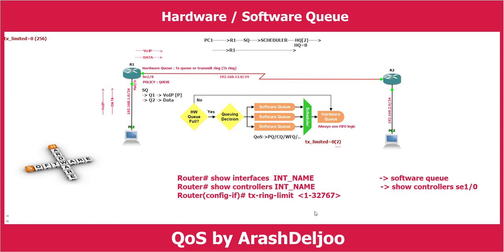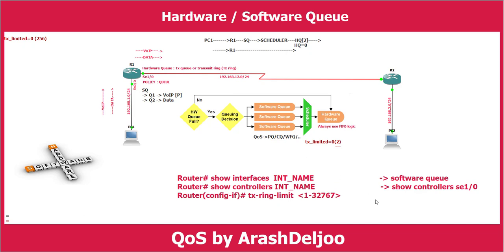This is the last video where we talk about the hardware queue. In the quality of service courses, we are working only on the software queue, but we should be informed about the hardware queue. It is so important. In some cases, we apply our policy to the software queue, but that policy maybe doesn't work correctly. Why? Because the length of the hardware queue is so high and the packets go directly to that hardware queue, and the software queue is actually bypassed.